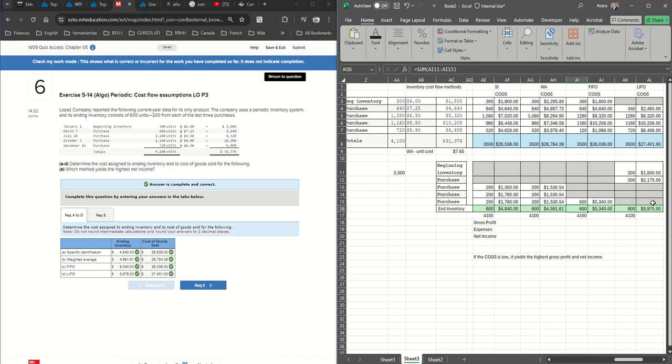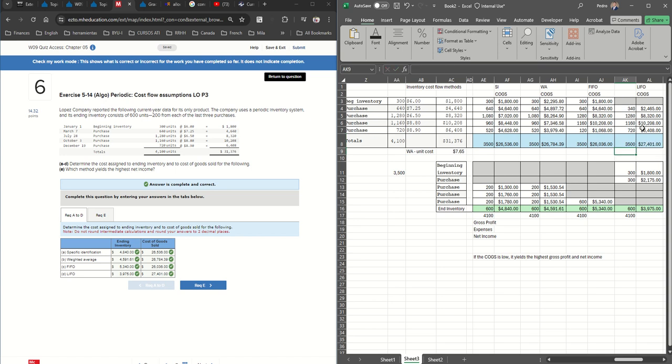And for the LIFO it is the same method in the opposite way, you know. The first stuff sold are those that were purchased at the end. So we made the same process, the same practice, if you see.